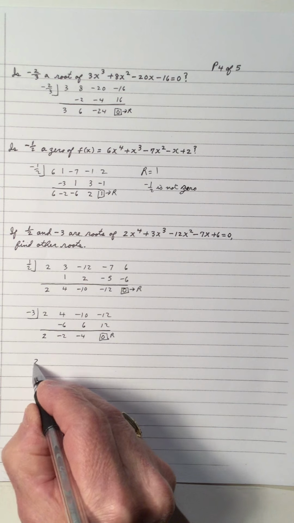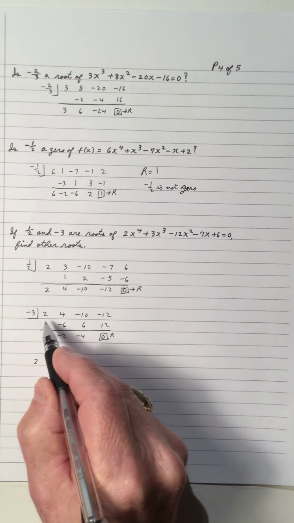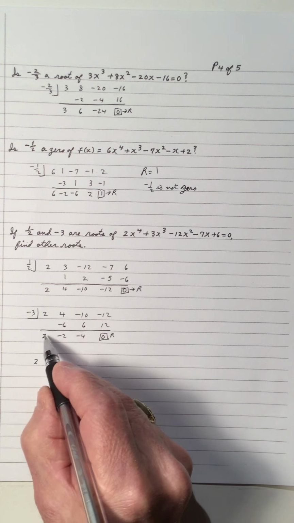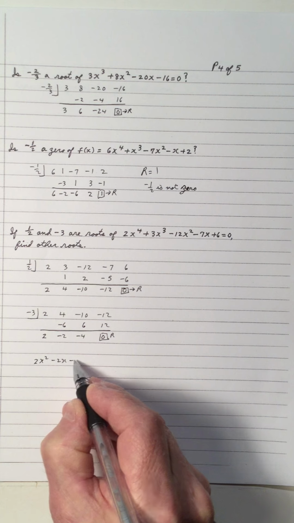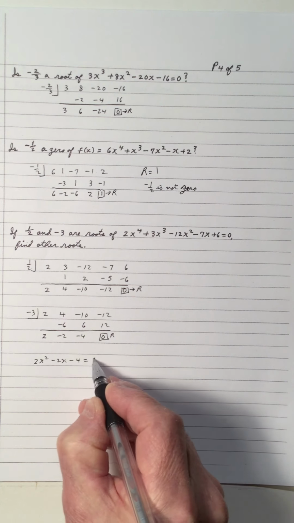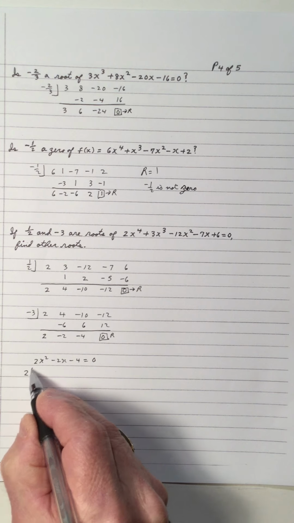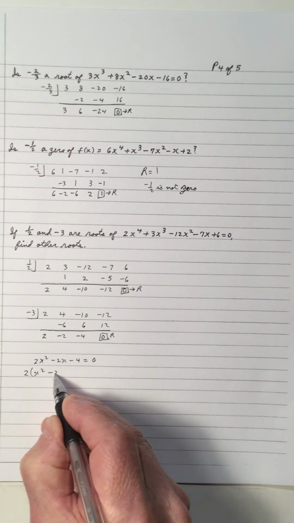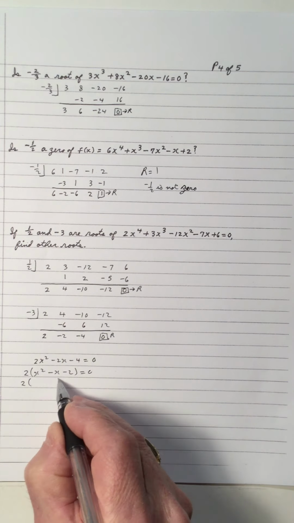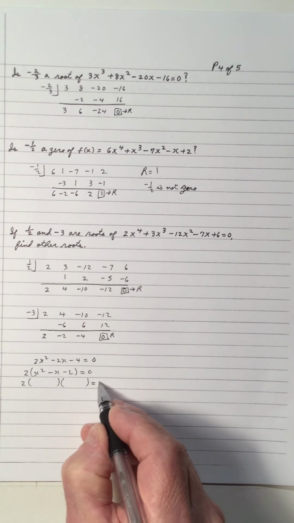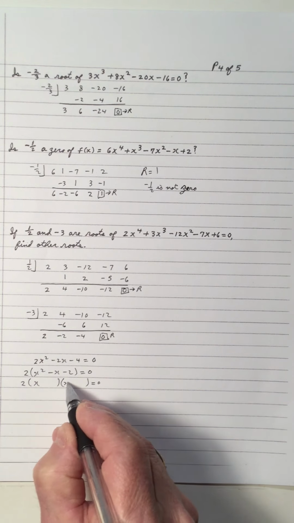Notice this equation now starts with 2. This was x to the 4th, this was x cubed, so dividing, we get an x squared. So that's 2x squared minus 2x minus 4 equals 0. Notice 2 is a common factor. Take the 2 out. So we get x squared minus x minus 2. Hopefully it's factorable, otherwise I have to use the quadratic formula. x squared is x and x.